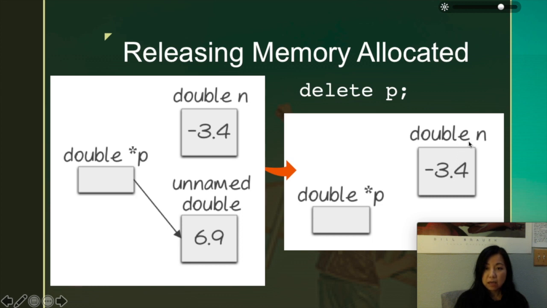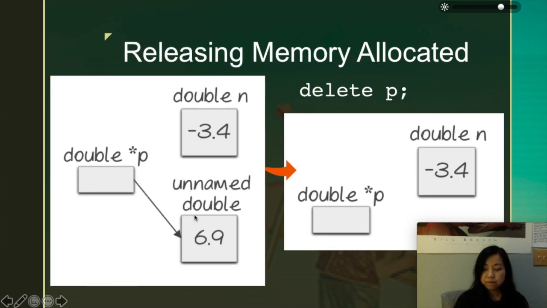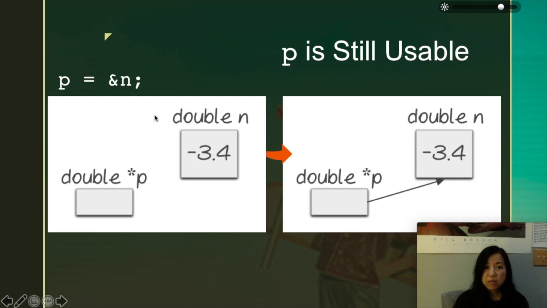The double n stays the same. But even though we delete P, what we deleted was the memory space that it allocated for the unnamed double. P can still be assigned to ampersand n, which points it back to n if you want to.